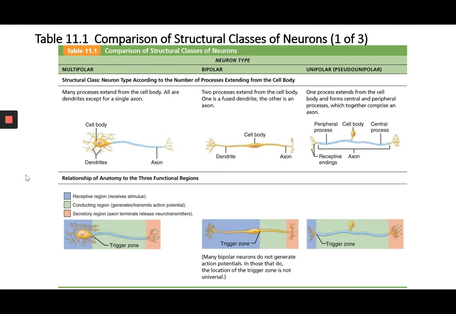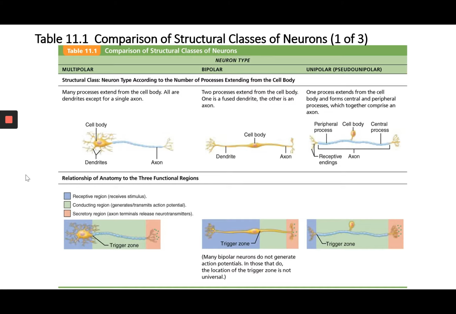If we look at this image in table 11.1, we can see the multipolar neuron on the left. It has many dendrites and 1 axon. Dendrites are still the receptive region, and the axon is the conducting region. The dendrite and axon of the bipolar neuron are, respectively, the receptive and conducting region of that bipolar neuron, but there are just 2 processes coming off of that type of neuron.